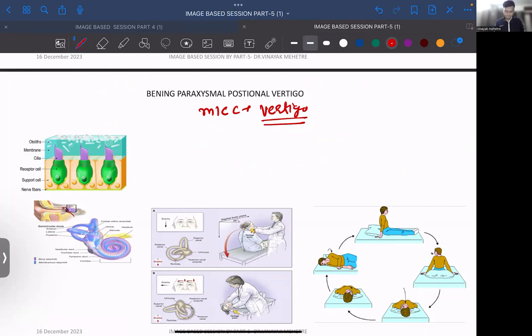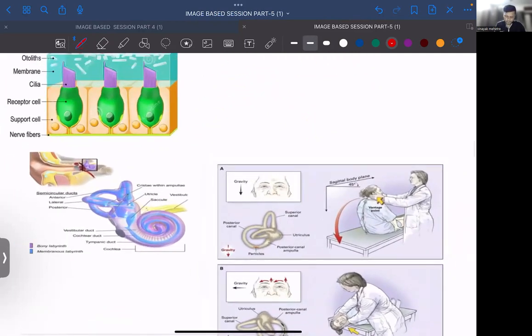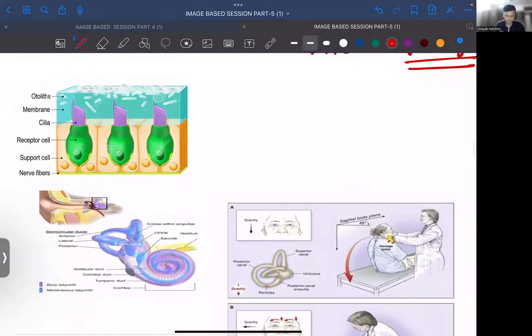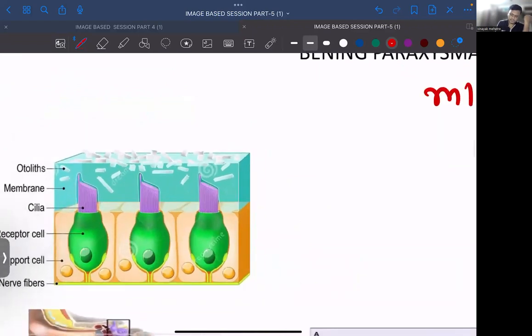Take a look over here. This part is the saccule, utricle, and vestibule. In saccule, utricle, vestibule, what we have? We have something called otolith. Okay, there are small particles, nanoparticles.